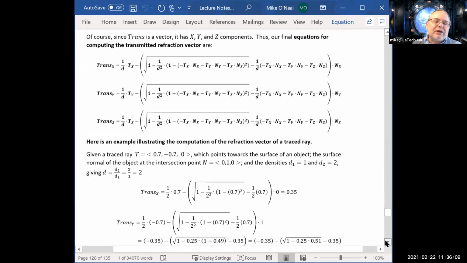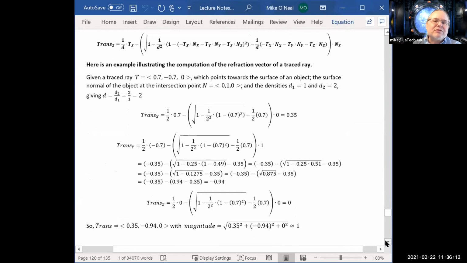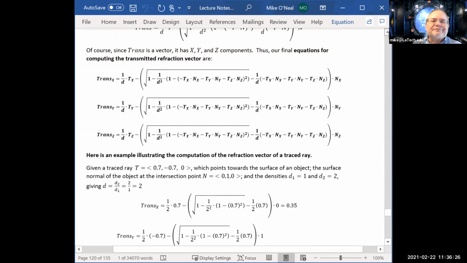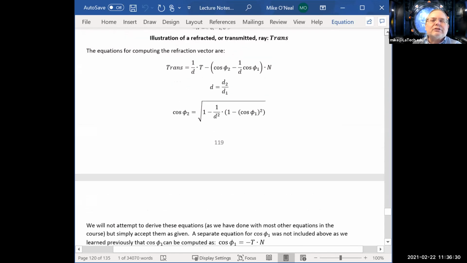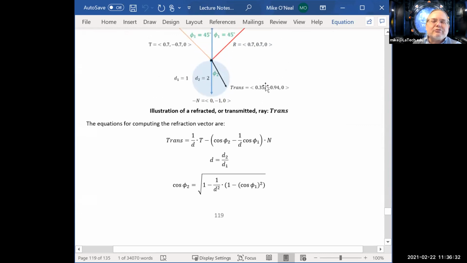That's why I'm giving it to you, but I'm not going to take a lot of time on it because most of you aren't going to implement it. But anyway, here are the calculations, and you see that they do work out. And oddly enough, I didn't have to normalize it because the magnitude of the transmitted ray ends up being a unit vector. So that's where these numbers come from, all those calculations.